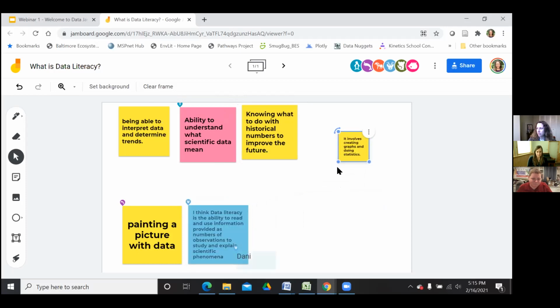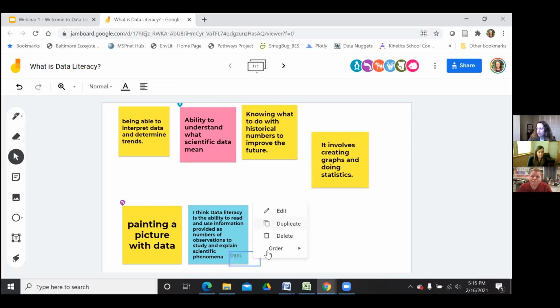Let's see what we have here. Oh, someone put their name on it. That's fine. What's great about Jamboard is it can be anonymous if your students don't want to identify themselves with their responses. So let's see what we have here.